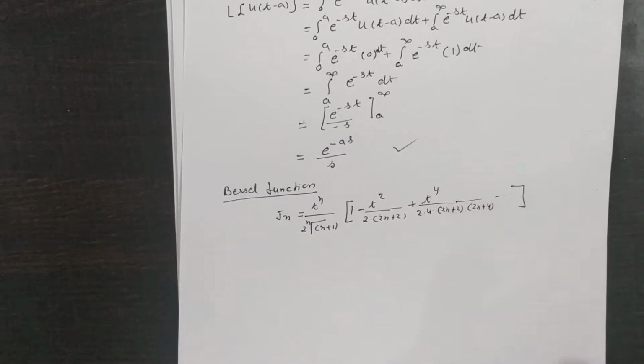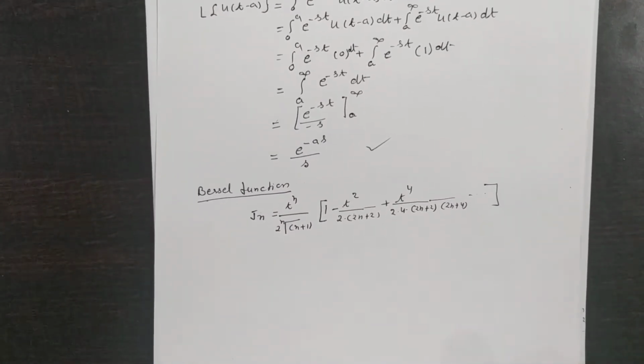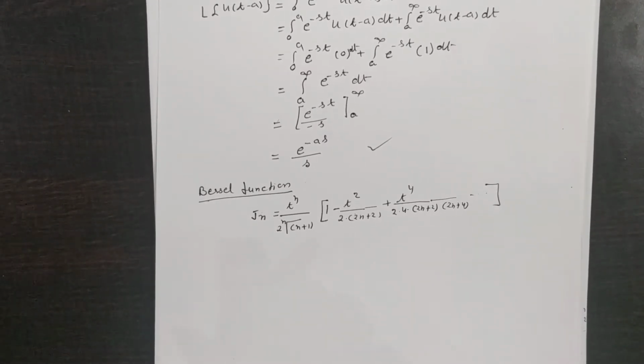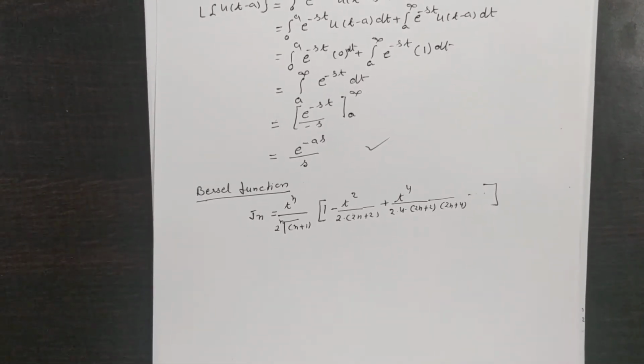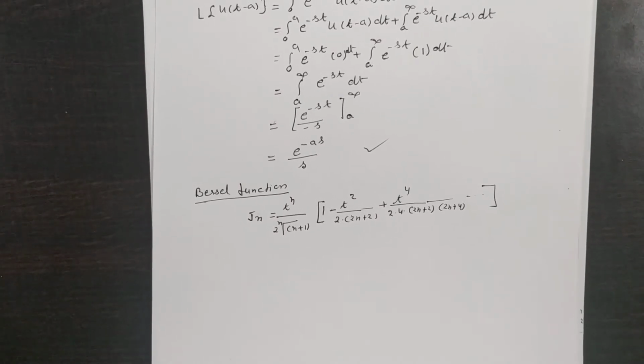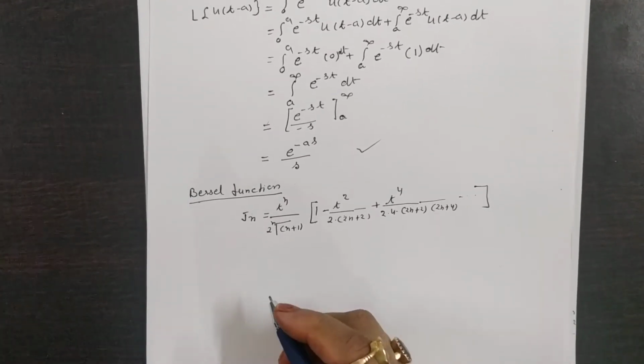Now we want to find the zeroth order Bessel function. So for the zeroth order, we are substituting n equal to 0 in this Bessel function.